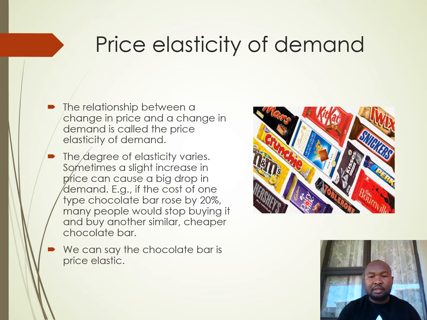For example, if the Dairy Milk chocolate bar's normal price is 10 rand, and the producers or the sellers increase the price from 10 rand to 15 rand or even 17 rand, it means the demand for it is going to decline because people can buy Kit Kat instead of buying Dairy Milk chocolate bar. So as a result, the chocolate bar has a lot of available substitute products. So we can say the chocolate bar is price elastic.